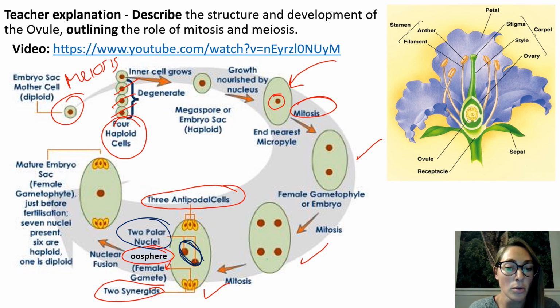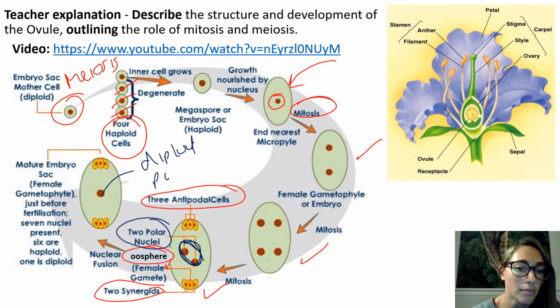And if you remember that all of the nuclei in here at the moment are haploid, but these 2 will fuse together and they will produce a diploid polar nucleus. And that is how the embryo sac develops.